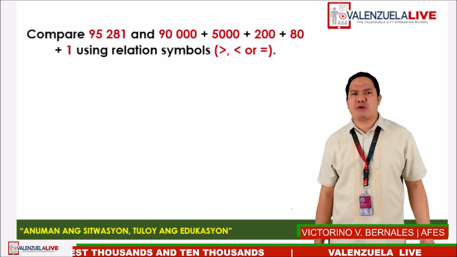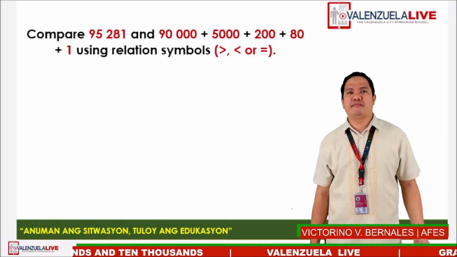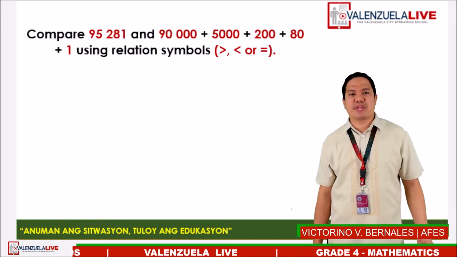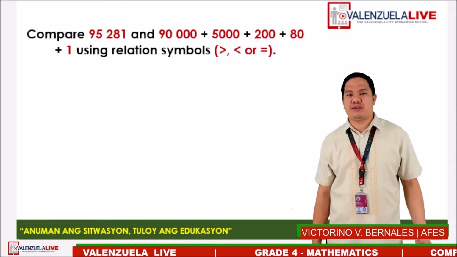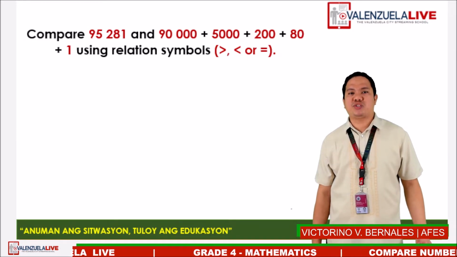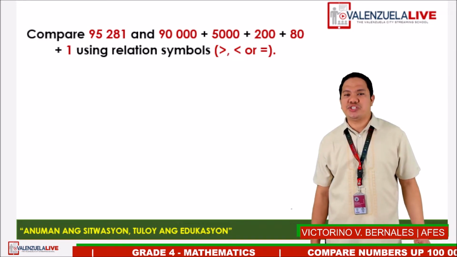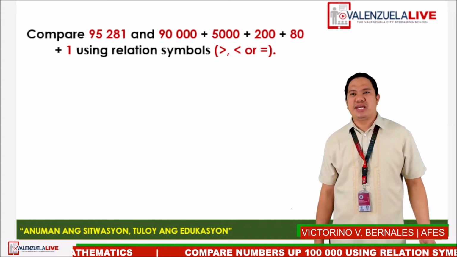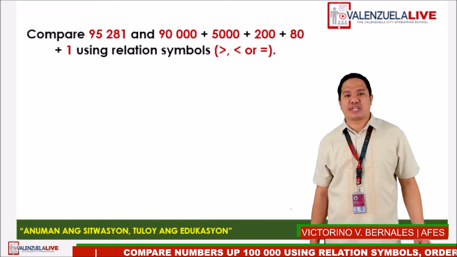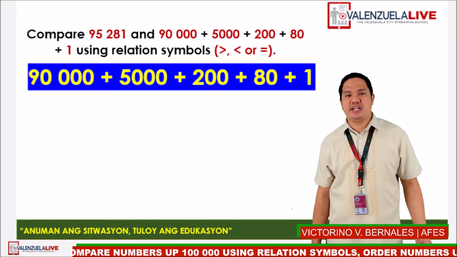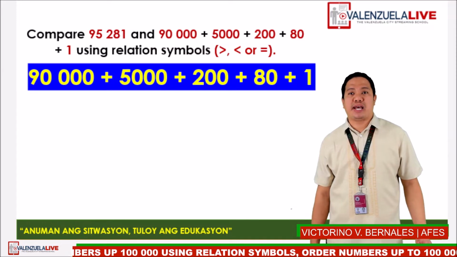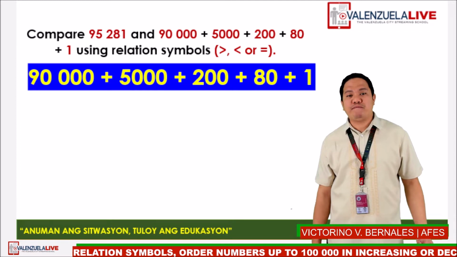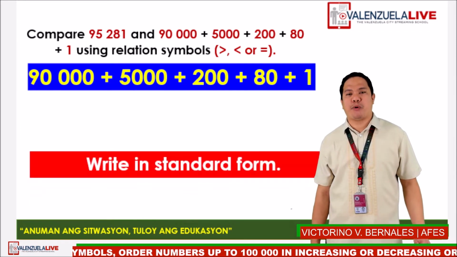Compare 95,281 and 90,000 plus 5,000 plus 200 plus 80 plus 1 using relation symbols greater than, less than, or equal to. Since 90,000 plus 5,000 plus 200 plus 80 plus 1 is an expanded form, we have to write it in a standard form.